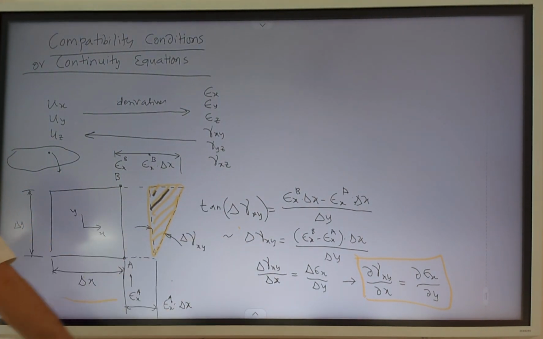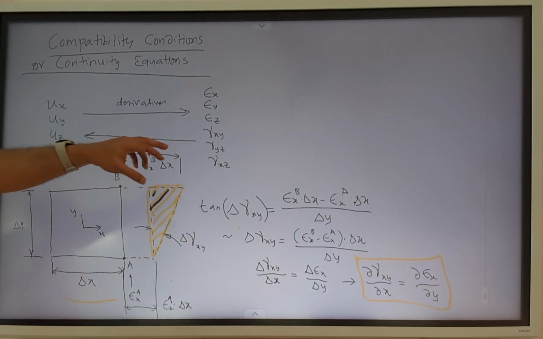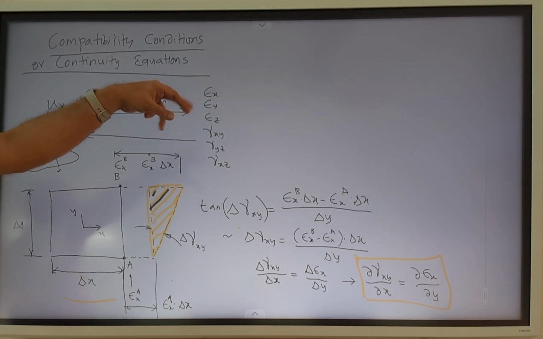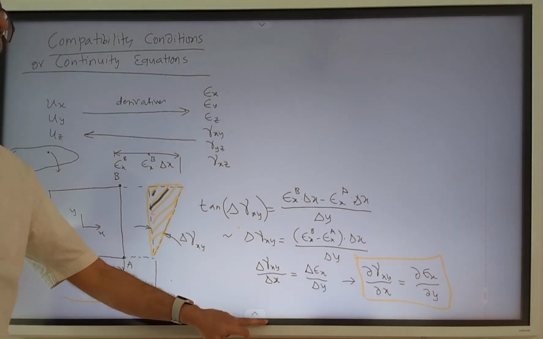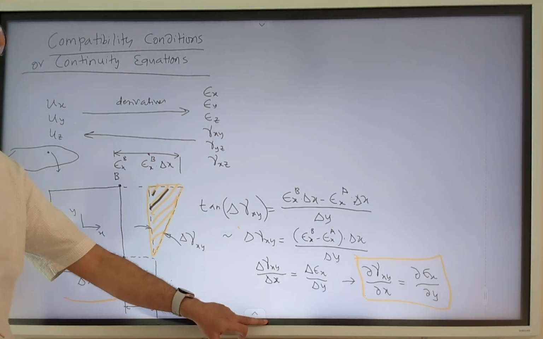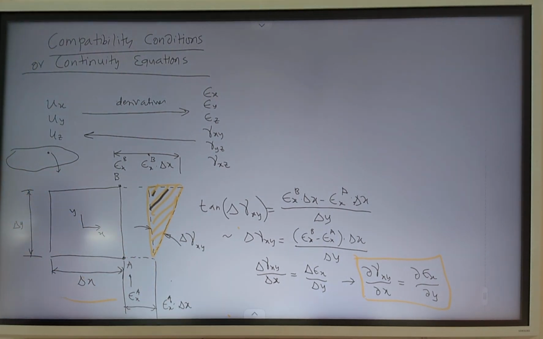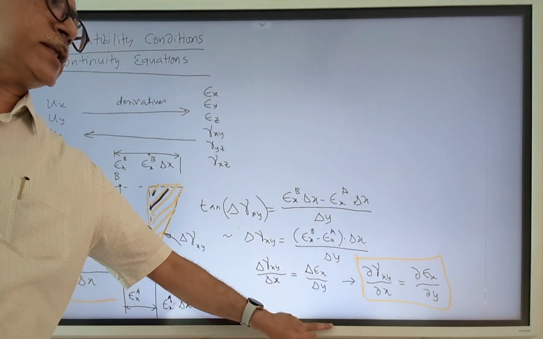Okay, so now let's make it a generalized form. What is the general relationship between these components? That's what we will try to establish. For this, we'll take two of the Cauchy's definitions of the strain, and from that we get a general form of this equation.